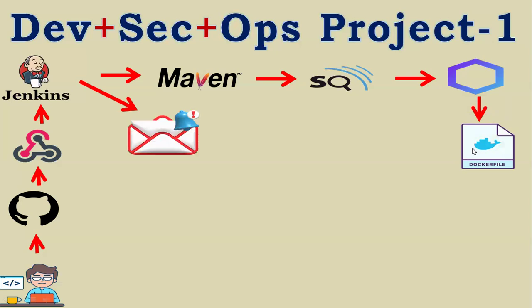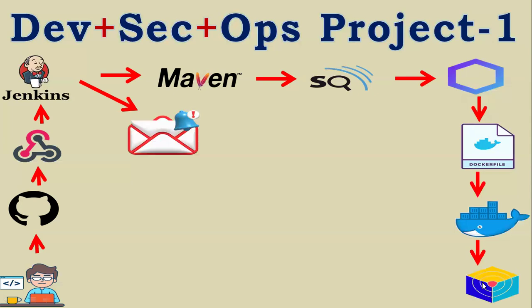In this Docker file, we use a base image and the Tomcat web application server to deploy the application inside the Docker container. By this Docker file, we build the Docker image. Once the Docker image is built, we scan for vulnerabilities using Trivy.